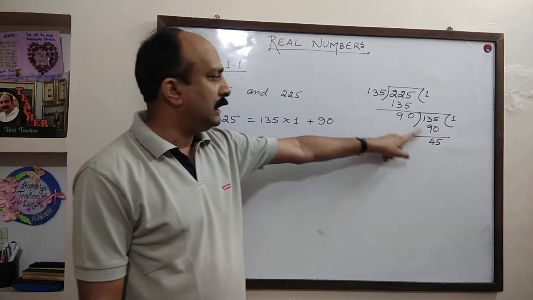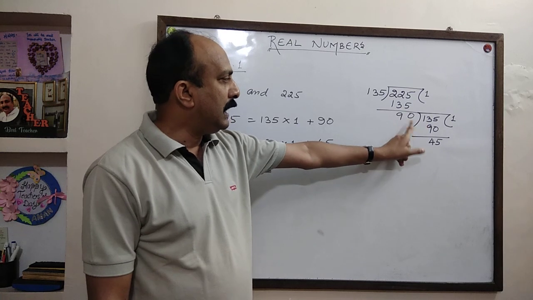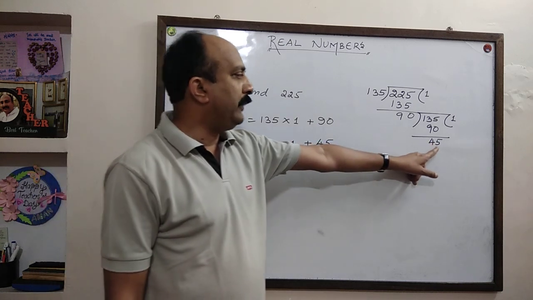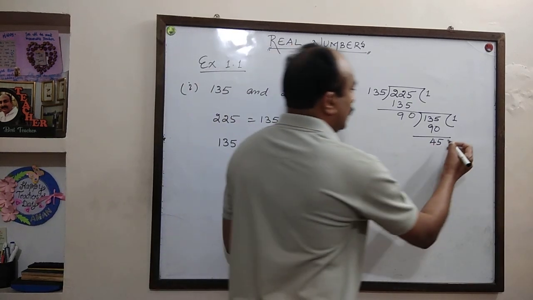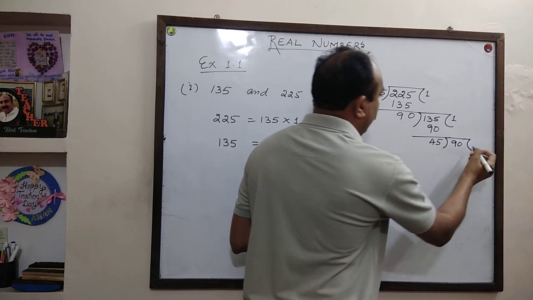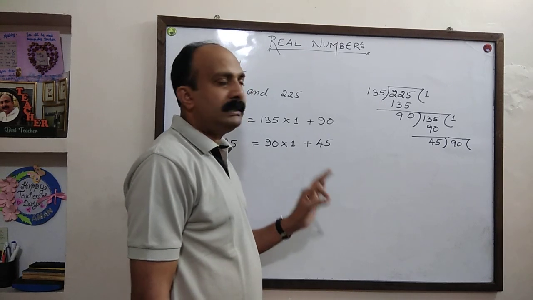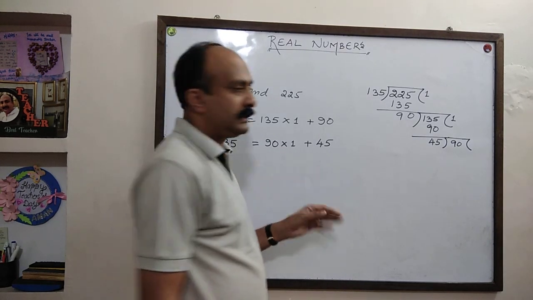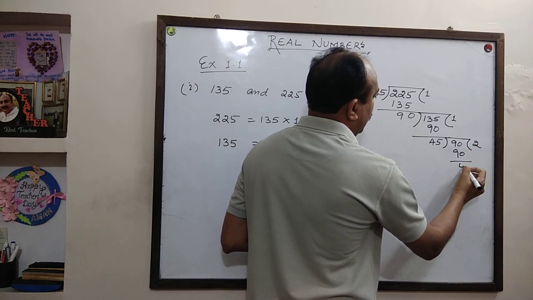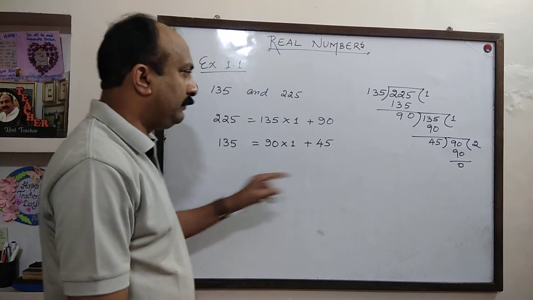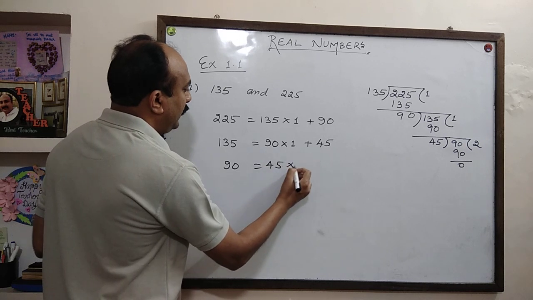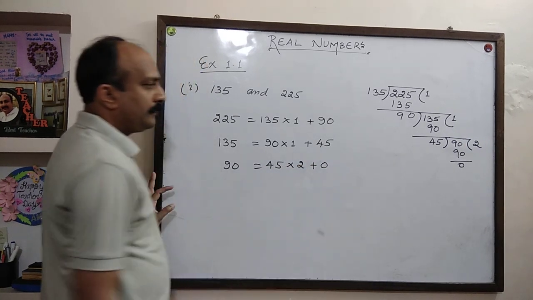Now 90 is A and 45 is B. Of 90 and 45, the bigger number is 90, so 90 will be taken as A, 45 will be taken as B. Again we will continue the division. Now 90 is the dividend, 45 is the divisor. Do the division. Now the remainder is 0. So we will write the third step, 90 is equal to 45 into 2 plus 0.